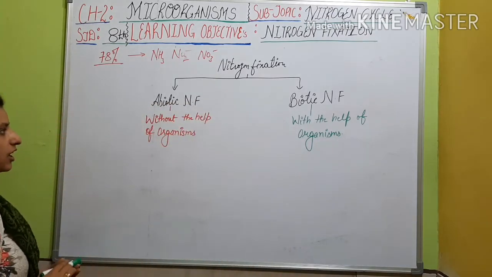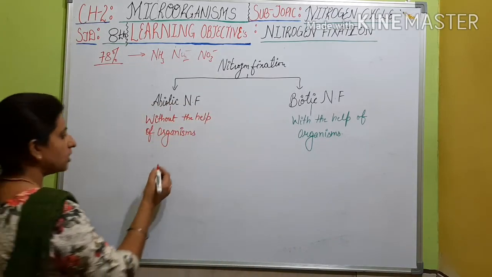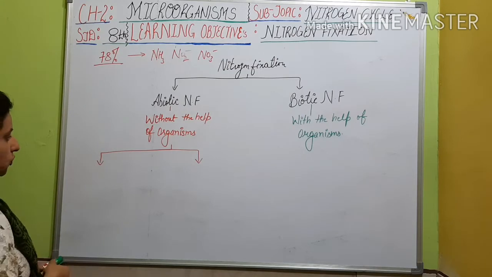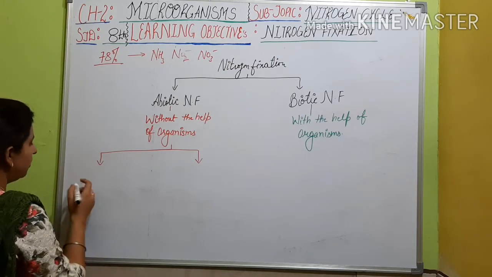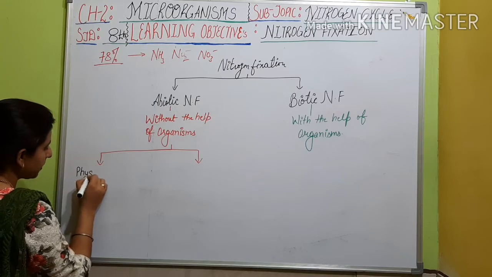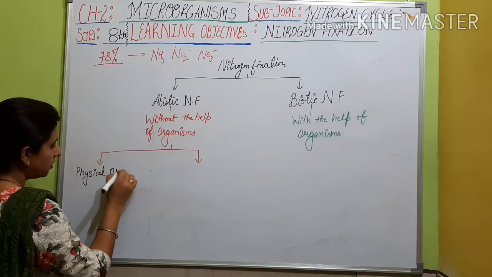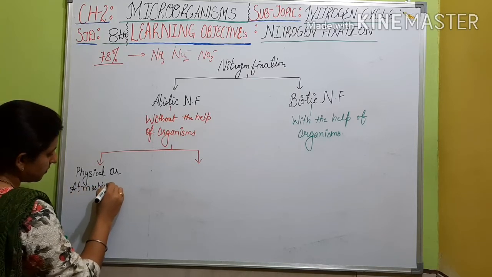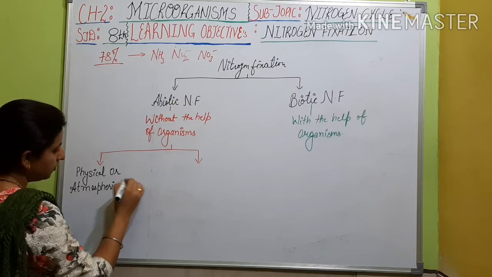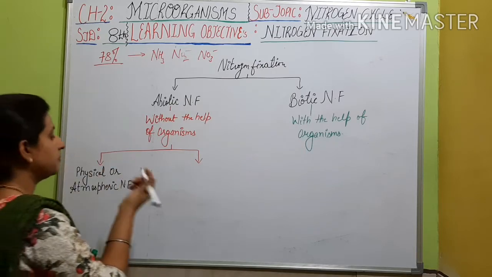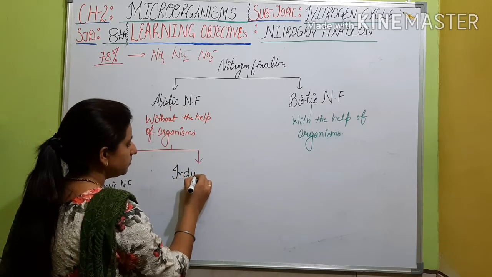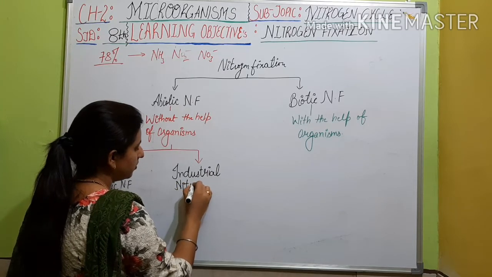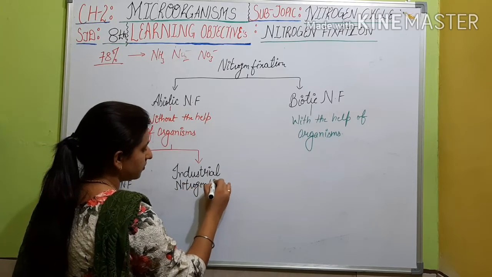Without the help of organisms, again we are going to learn nitrogen fixation in two ways, that is physical or atmospheric nitrogen fixation, and the second one is industrial nitrogen fixation.